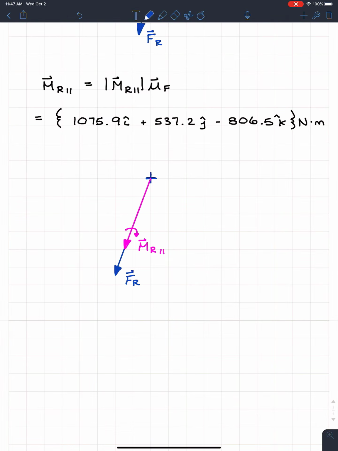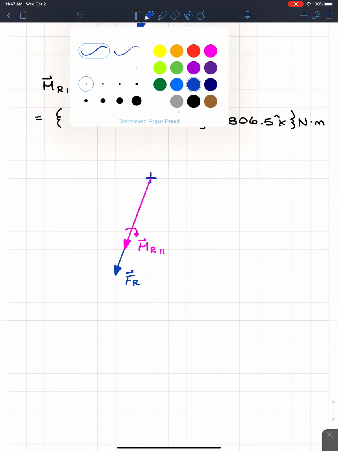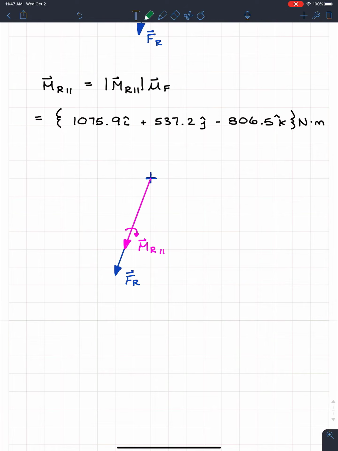This is what we want in the end, so we're very close. However, we also have to consider a perpendicular moment vector right here, and this is MR perpendicular. We're getting closer because I have one of the moments in the same direction as the force, and remember, that's the end goal.